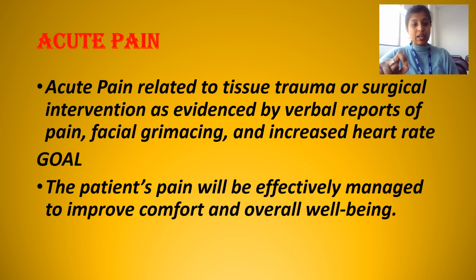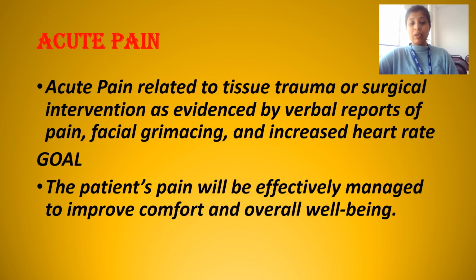The diagnosis might be acute pain related to tissue trauma as evidenced by verbal reports of pain, facial grimacing, and increased heart rate, or acute pain related to surgical interventions as evidenced by verbal reports of pain, facial changes, and increased heart rate. Then, coming to the goal, what would be the goal of this care plan?